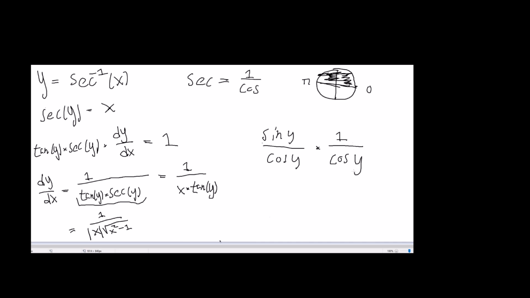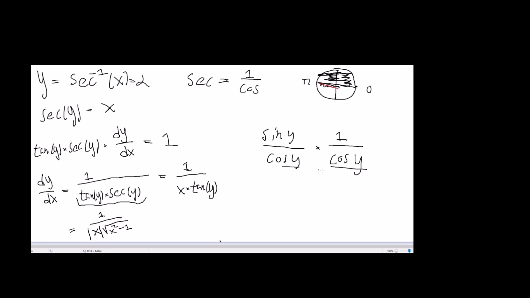cosine of y. So if the angle is somewhere in the left of the unit circle, say somewhere around here, or let me draw it in red to make it more clear, then cosine of y would be negative, since y is equivalent to some angle. But then we'd have a negative value multiplied by another negative value, which is a positive value.